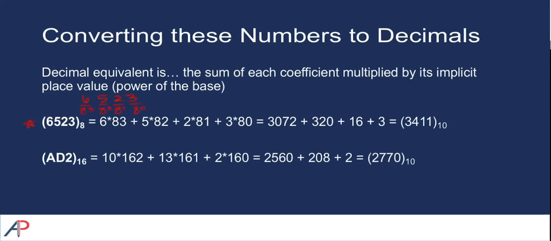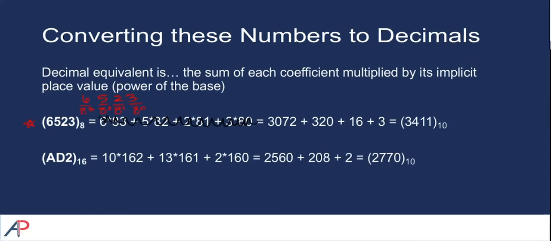Then we're going to find the product of our coefficient, which is the value in a specific place value, and multiply it by the place value. These should all be powers, so we'll just rewrite this all.